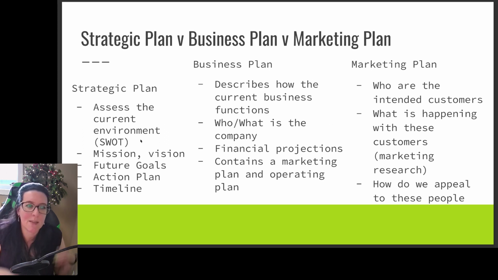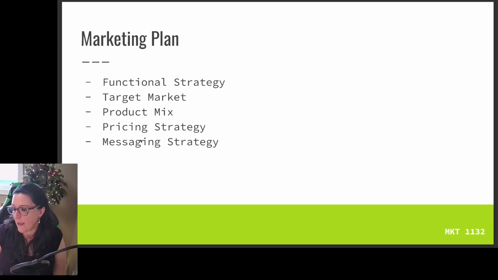So there we can see that tie between the strategic plan and the marketing plan. So the marketing plan is going to contain a functional strategy. If we looked at our strategy map before, often those that are related to the customer perspective is also where the marketing functional strategies lie.